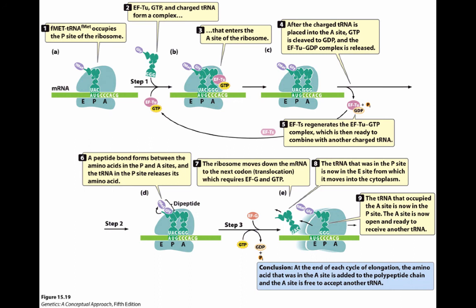So the conclusion of the elongation process is that at the end of each cycle of elongation, the amino acid that was in the A site is going to be added to the polypeptide chain, and the A site is then free to accept another transfer RNA. So this process will continue as long as there is a coding region of messenger RNA.